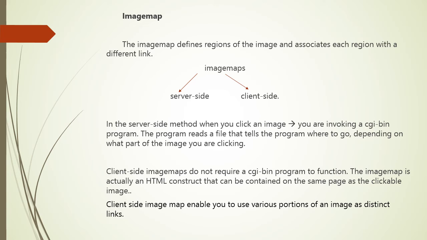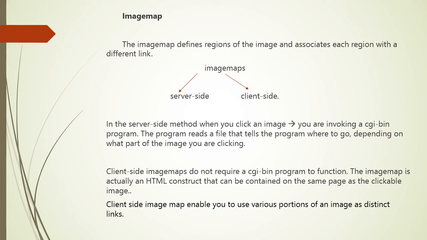The web browser itself associates regions of the image with the appropriate sites. The browser, rather than the remote host, interprets the image map. Client-side image maps are usually faster than server-side image maps and in general easier to create. Their main disadvantage is that older browsers and less fully featured ones may not support them.